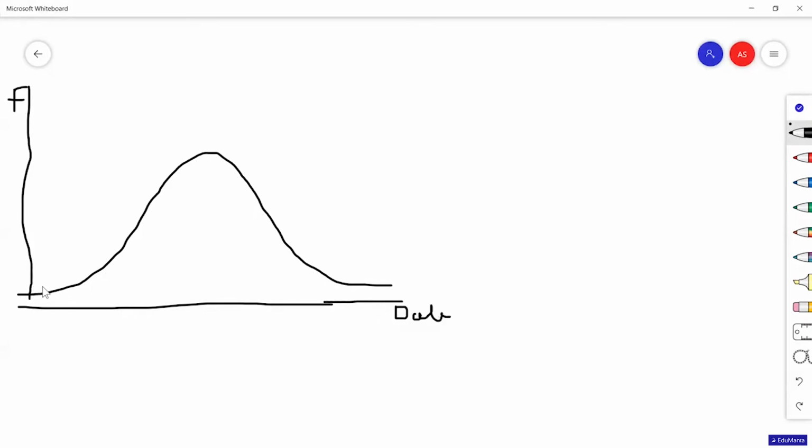If the average return is 10%, then one standard deviation in this direction is positive and one in this direction is negative. Don't get confused if you are not getting all of this, but we assume data are normally distributed because it helps us study the data and make predictions.